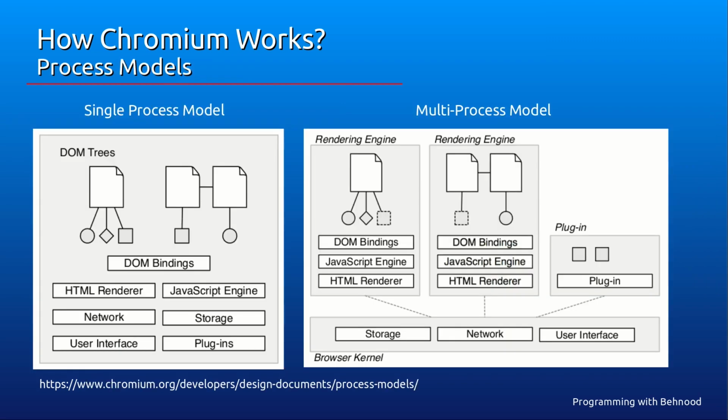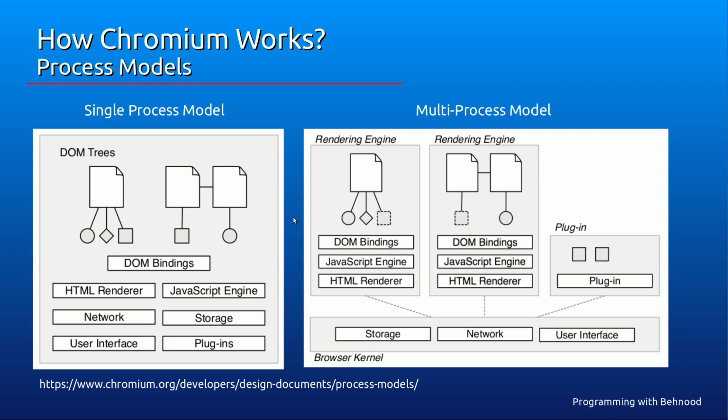Over the past 10 years, the Chrome team has implemented two different architectures or process models in the Chromium browser: the single process model and the multi-process model. In the single process model, as you can see in here, all web content and browser components share fate in a single process.